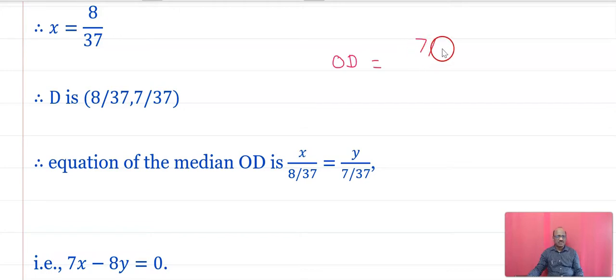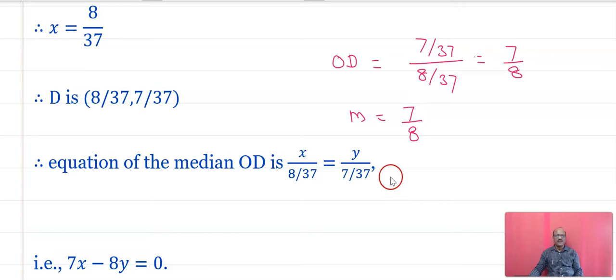That is 7 upon 37 upon 8 upon 37, and overall you will get 7 upon 8. This is the slope of OD. 7 upon 37 divided by 8 upon 37 is equal to 7 upon 8. This 37 gets cancelled. You will get the slope as 7 upon 8.